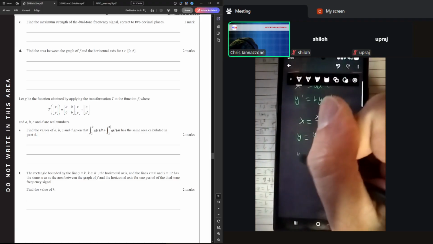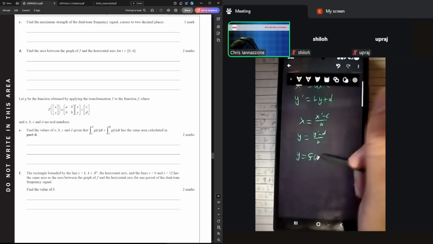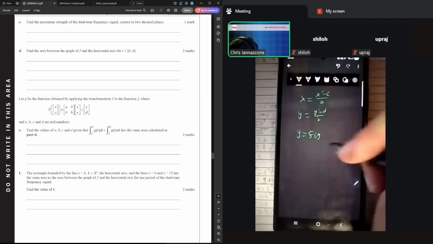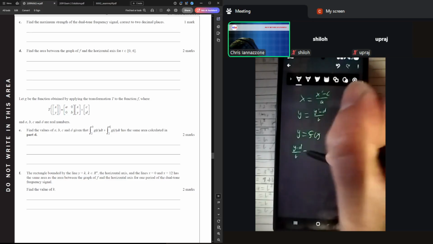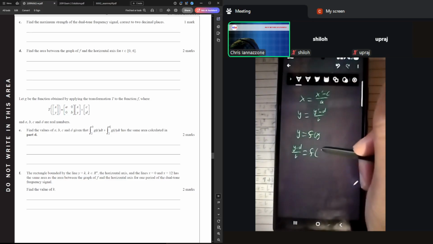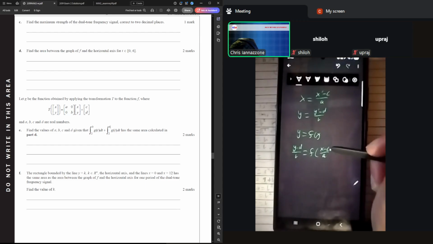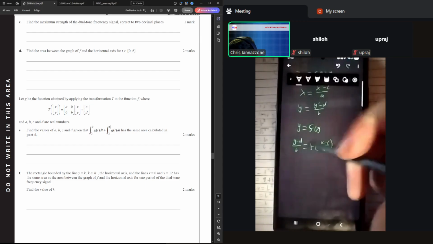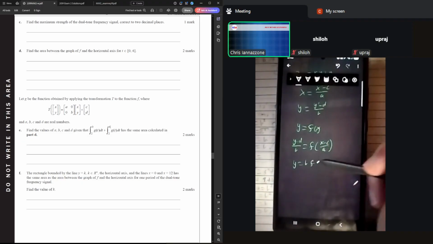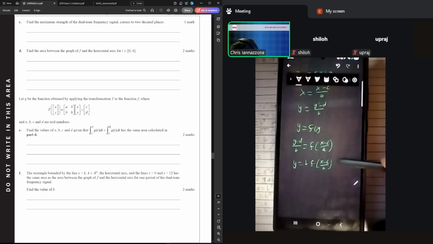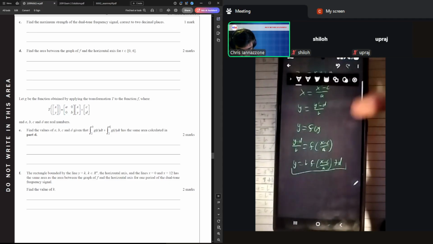So then instead of having y equals your function f of x, you will now have (y minus d) on b equals f of (x minus c on a). And then, just doing your rearranging here, y equals b times f of (x minus c on a), plus d, and that is the g of x.